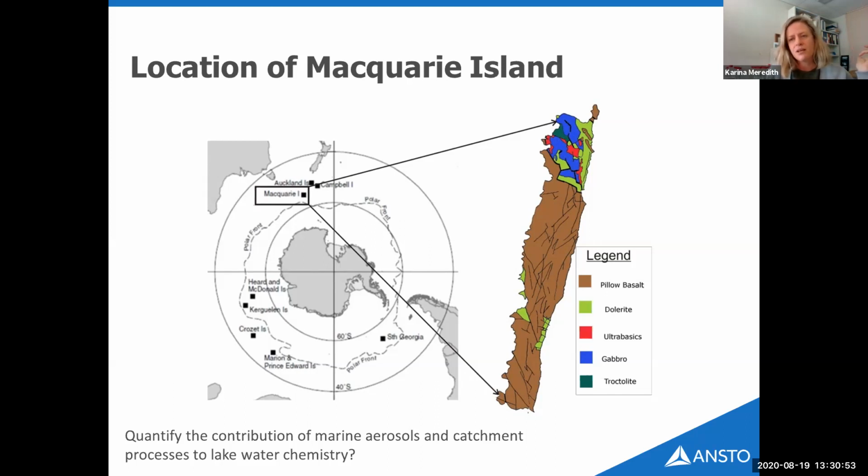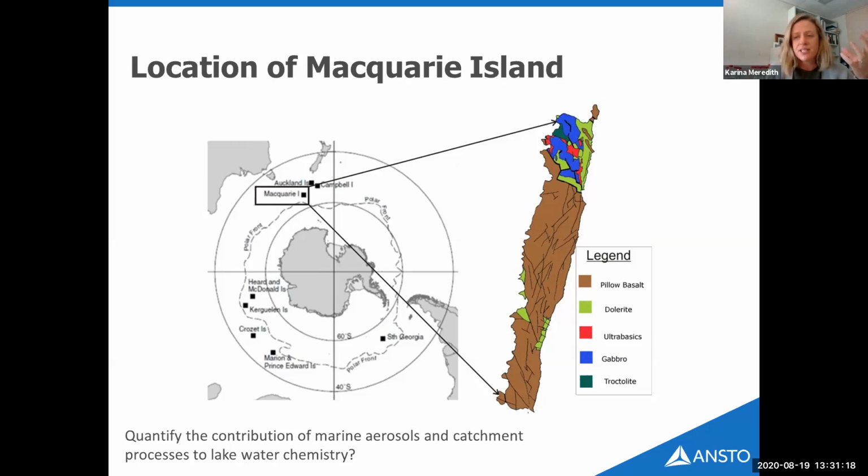And we wanted to do a greater survey of Macquarie Island and really understand the contributions from the bedrock sources together with marine sources to the lakes that we're seeing here. And the reason we want to do that is because the modern setting guides how we interpret the paleo setting.